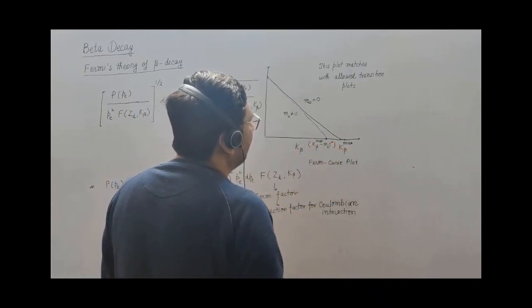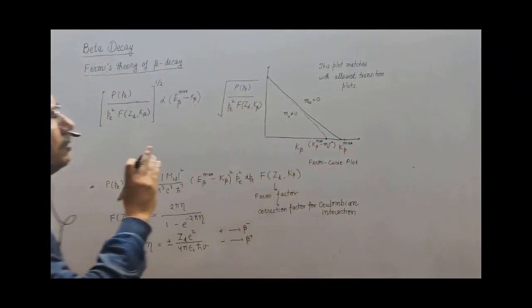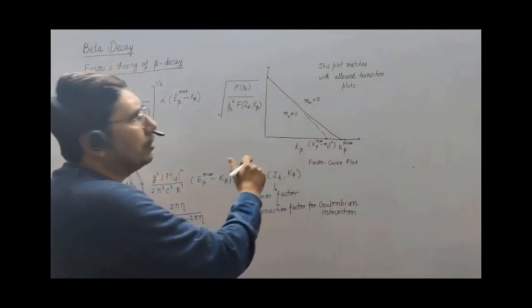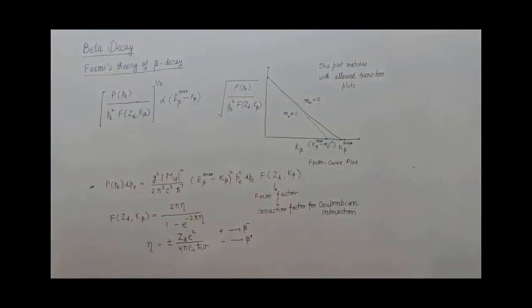However, if we observe this type of plot for forbidden transitions, then in general they are not straight line plots; they deviate from the straight line behavior.